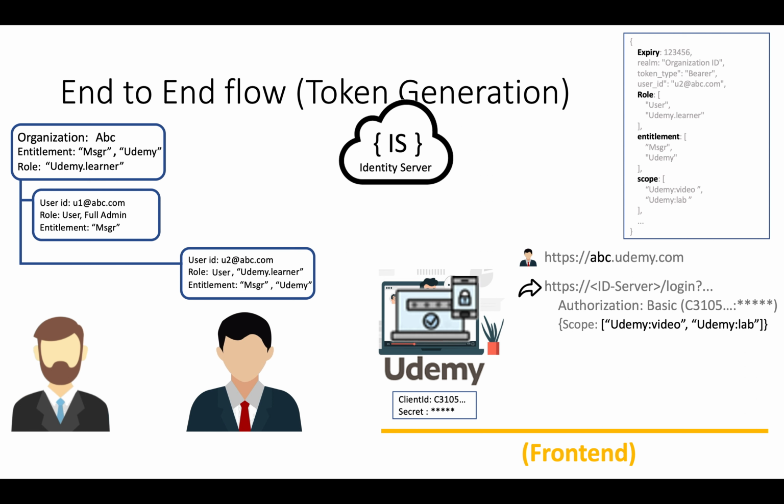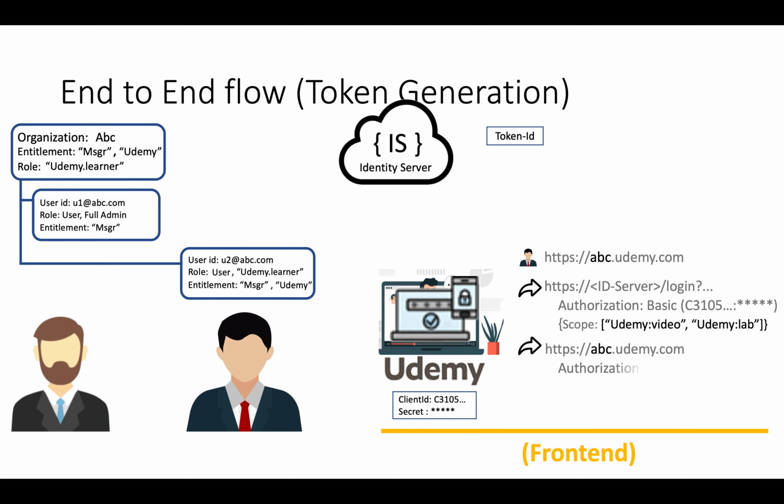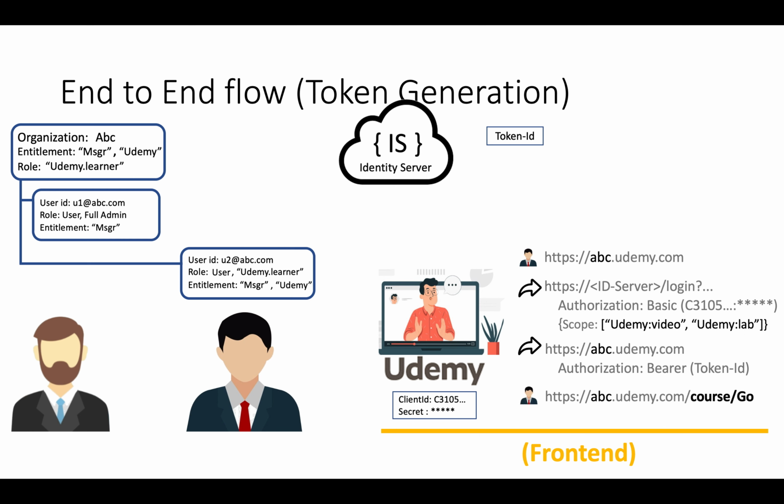Few important parameters have been highlighted. Then generate a token ID mapped with token and redirect back to service provider's app. Now user is selecting one course and opening URL of that course.